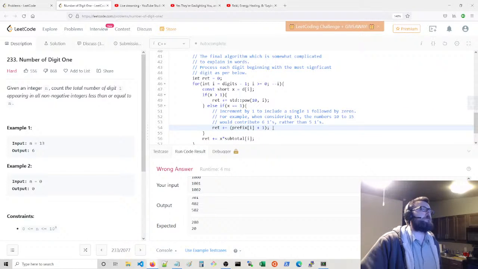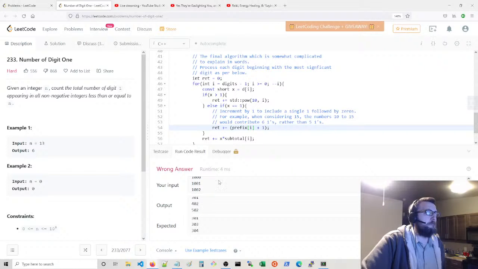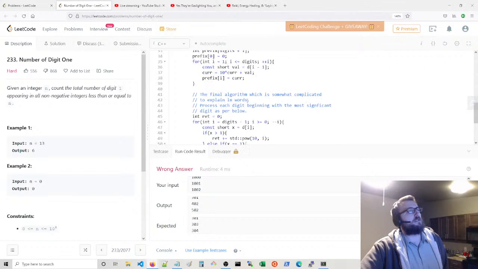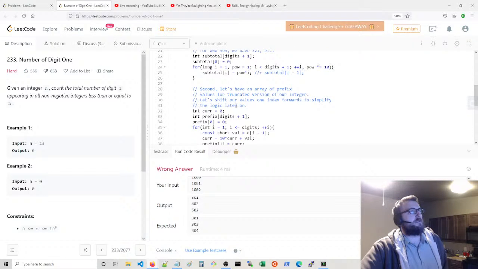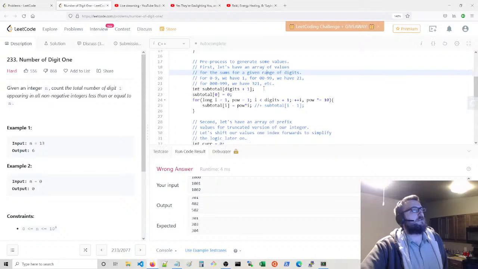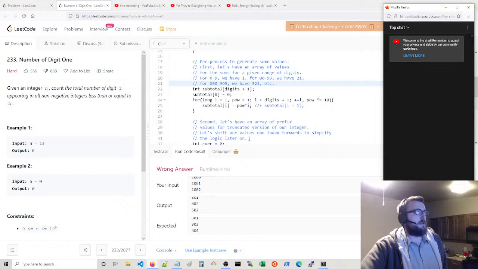How about 101, 102, or yeah, 1,001, 1,002 is fine. What we're looking for is, there's not a subtotal, but so yeah, this isn't quite right.